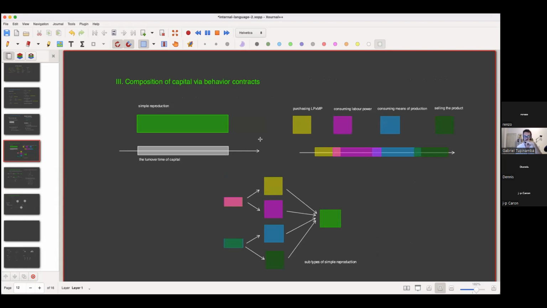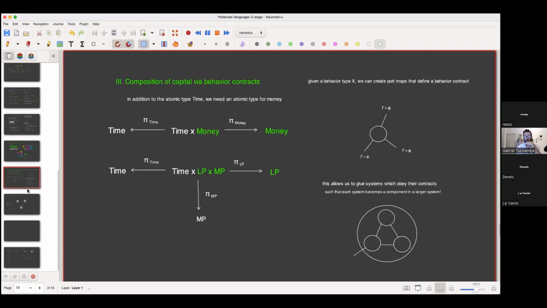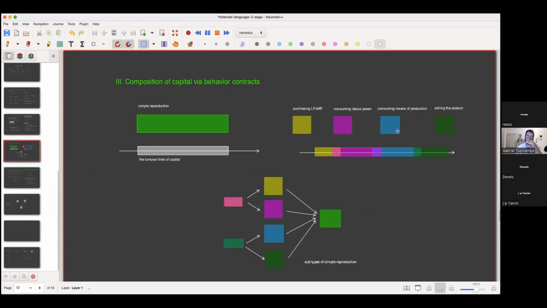Simple reproduction is a massive, complicated thing that no one person can conceive of by themselves. But we can zoom in and show that there are these smaller types of behaviors that start to correspond to what we as individuals perceive, right? So there's a way of basically carrying the constraints at different levels.